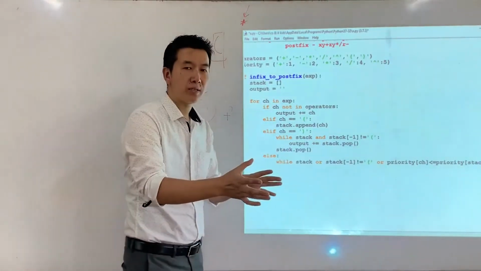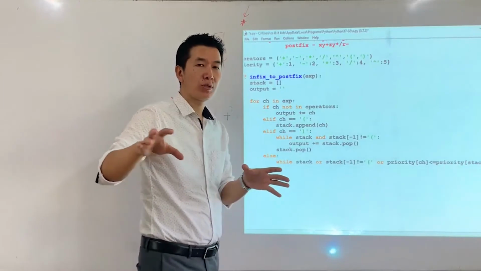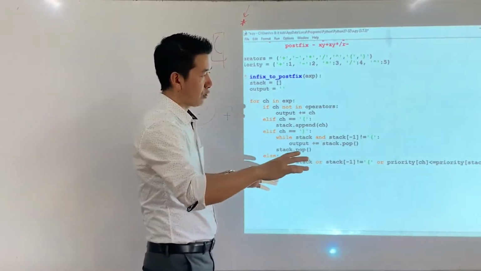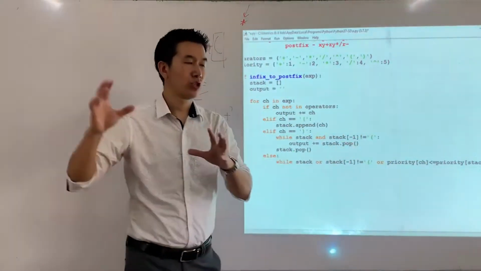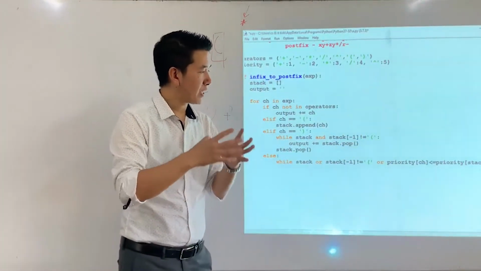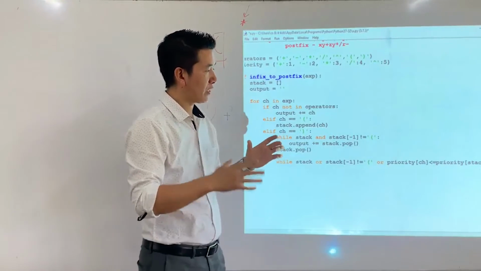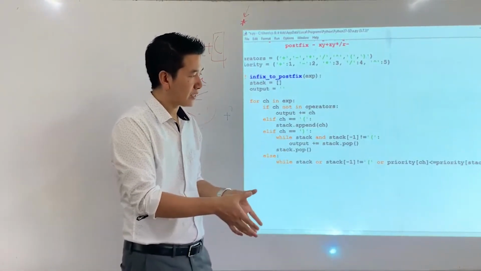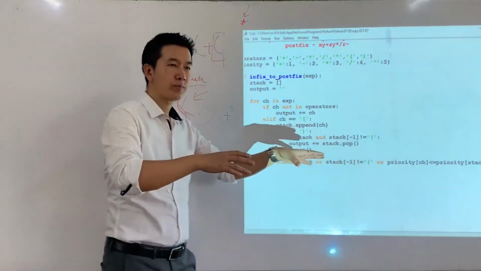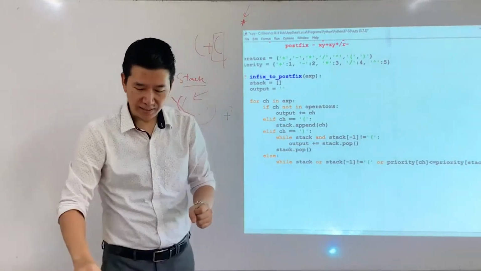The comparison, if the comparison holds true, the popping, the adding, I need to ensure that the precedence value of the incoming operator, if it's less than the one which is already residing in the stack, then I should pop and then add it, right?